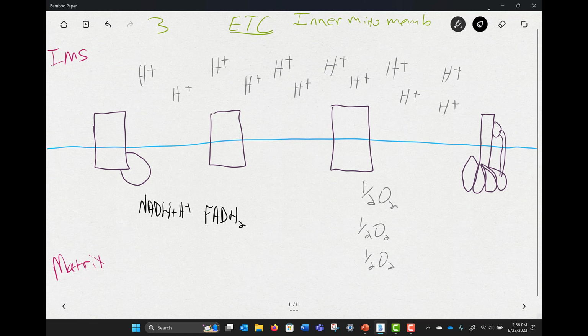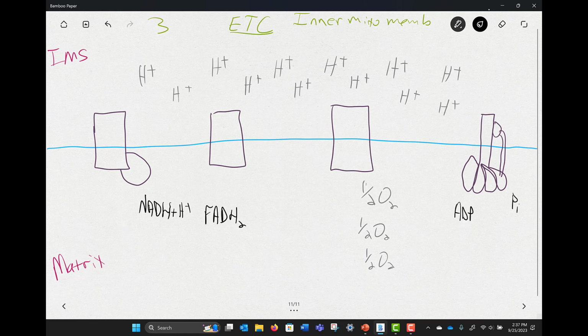So what happens? Where does this ATP come from? Well, gathered around this weird-looking protein, there's a lot of ADP. There is a lot of inorganic phosphate, but that doesn't really mean much.